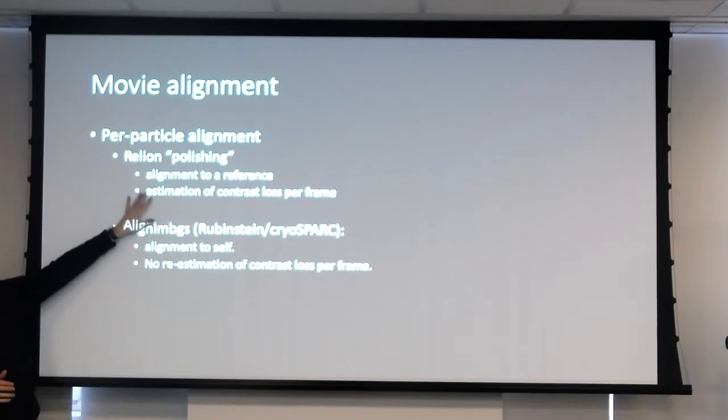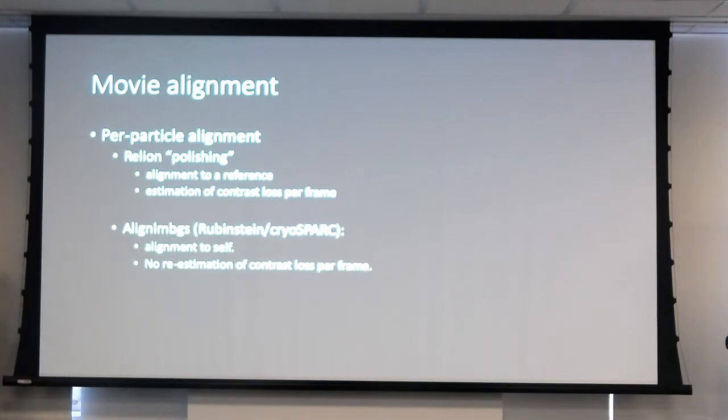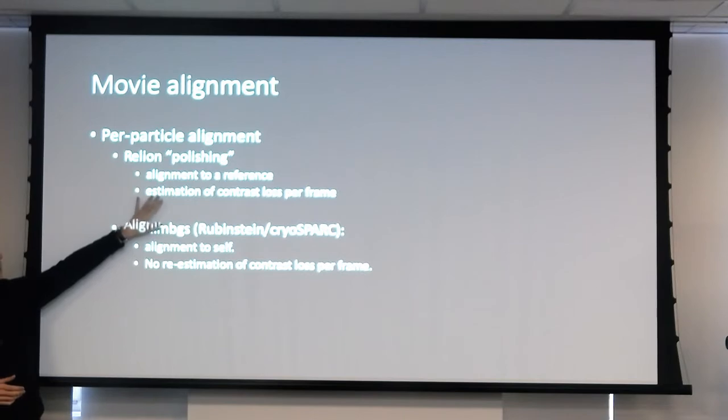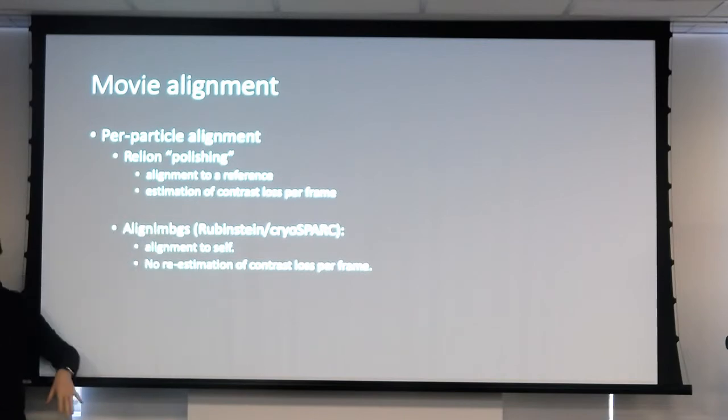Whereas in Relion polishing, you actually re-estimate a kind of B factor, basically how much contrast loss you have due to radiation damage and particle movement in each frame as you align your particles. And so this, if done properly, can be more accurate than the single model good for all.